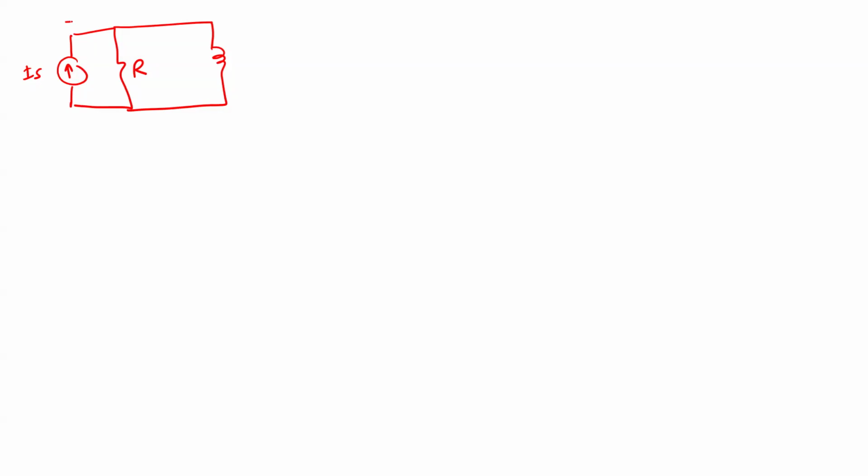So here you have IS. Here I'm going to put I1. And then here you have IL, and the voltage here VL. If I apply Kirchhoff's current law, IS should equal I1 plus IL.